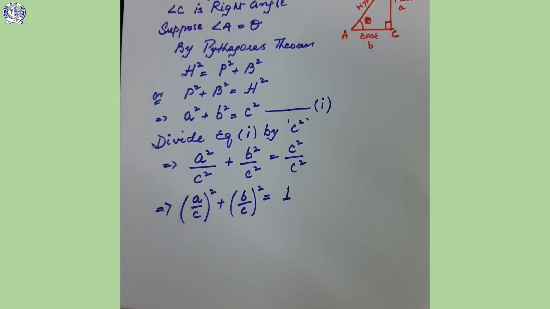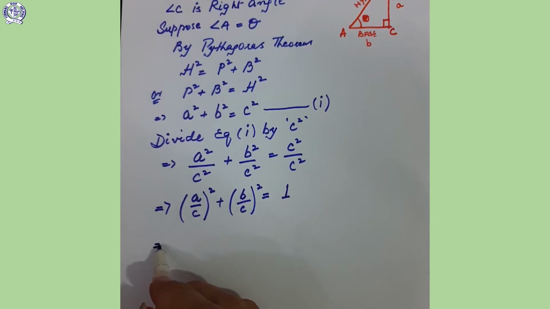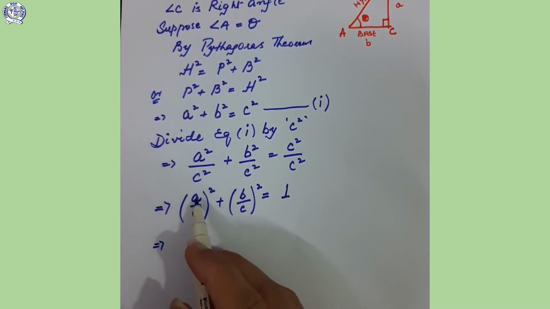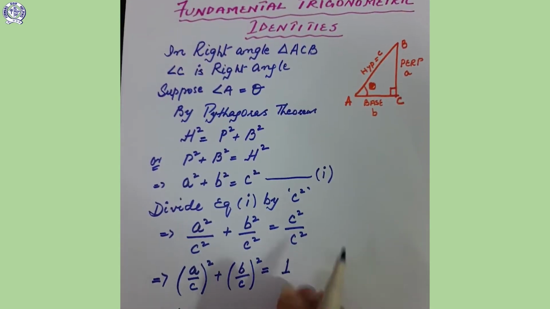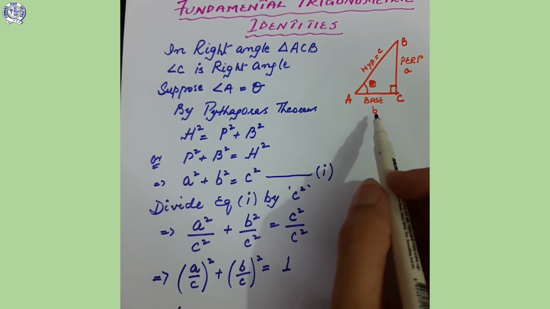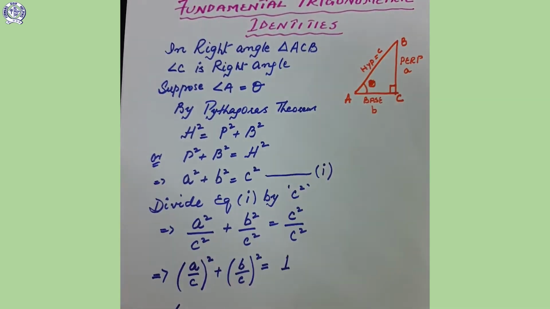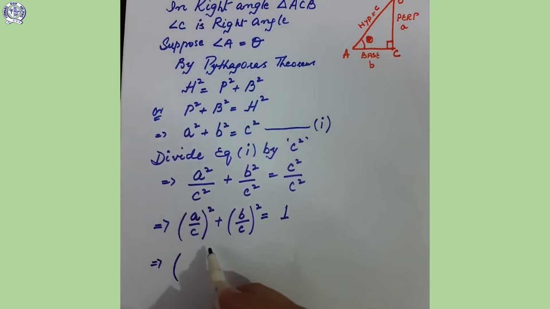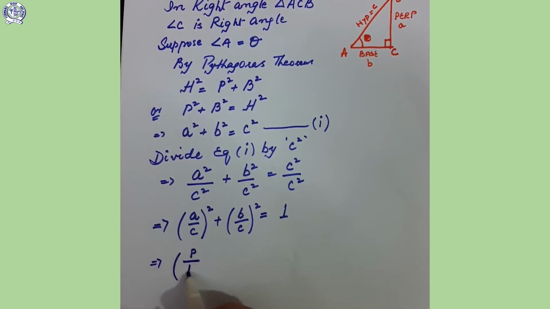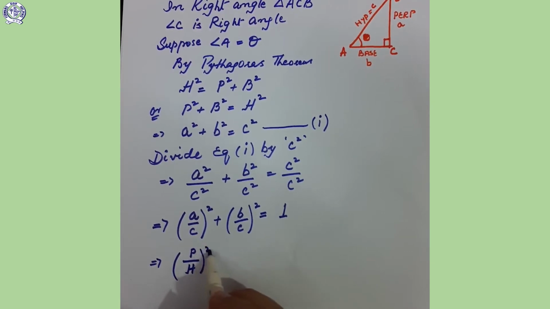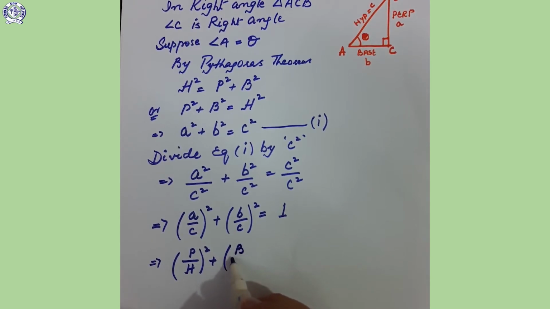Then we will change this into sides. A is perpendicular, B is base and C is hypotenuse. So A is perpendicular upon C is hypotenuse whole square plus B is base divided by C is hypotenuse the whole square equals to 1.